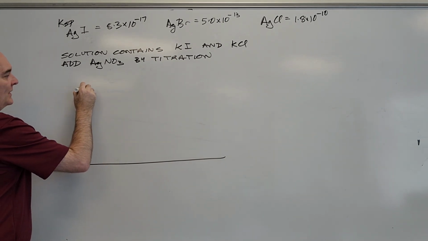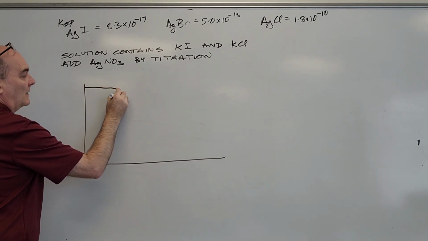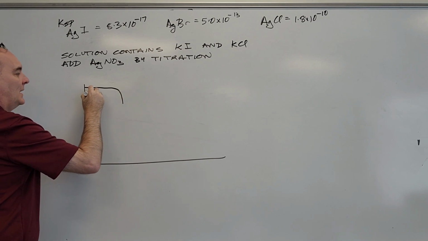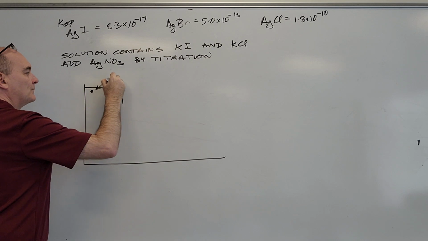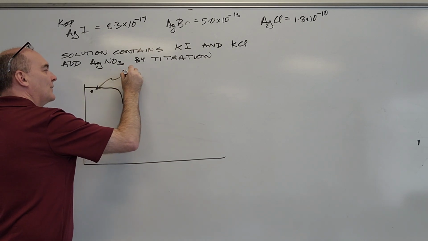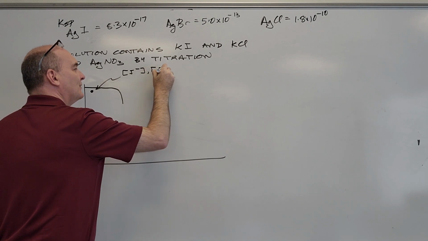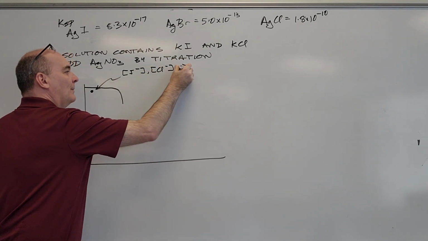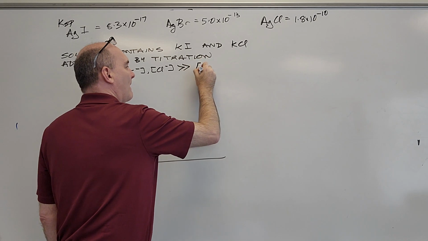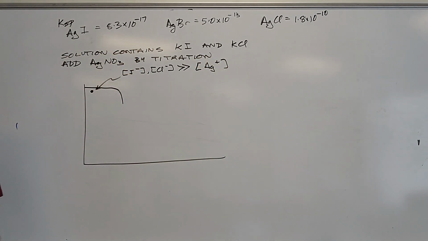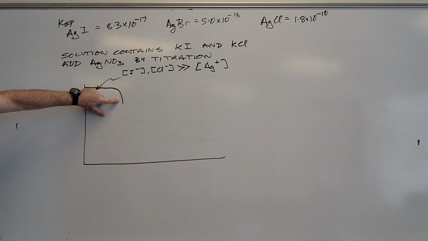So the first thing that I will see is what's going on here: both the concentration of iodide and the concentration of chloride are much, much larger than the concentration of the silver. But it's not the chloride that is making this happen.